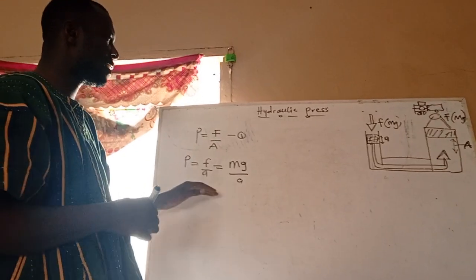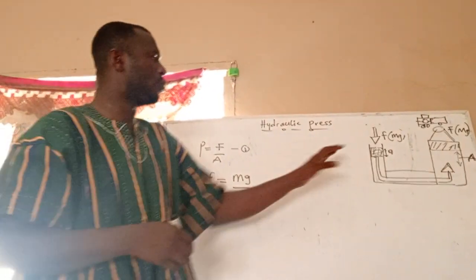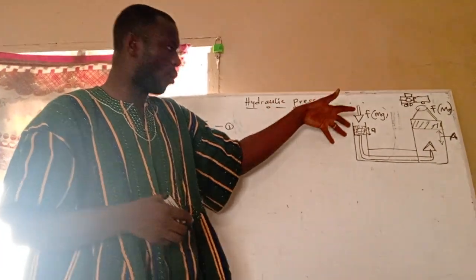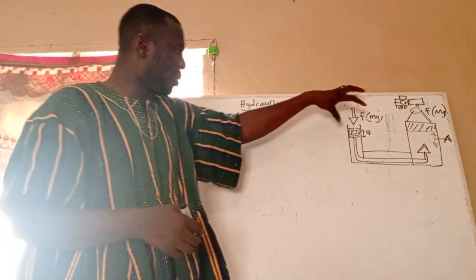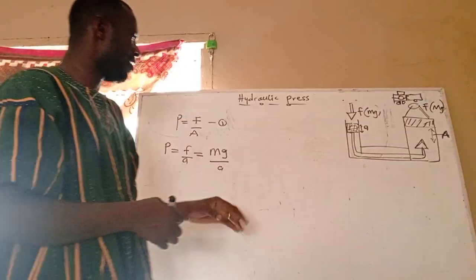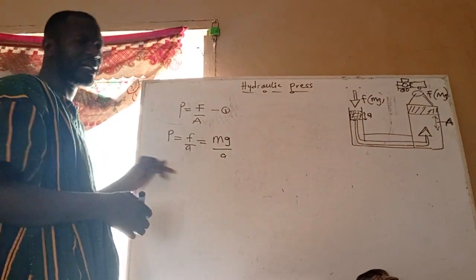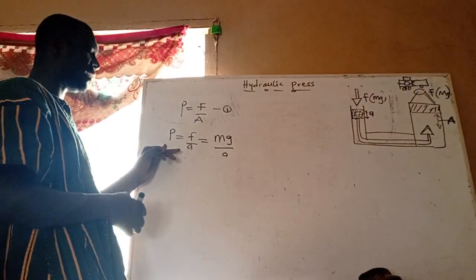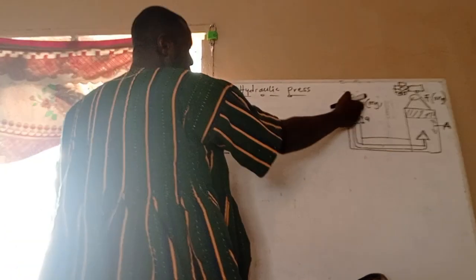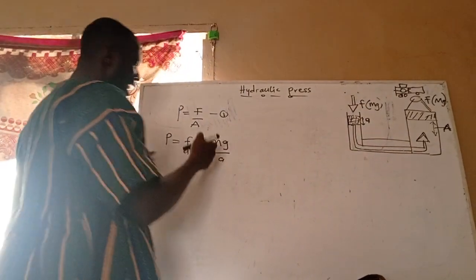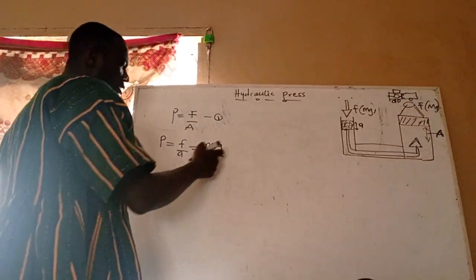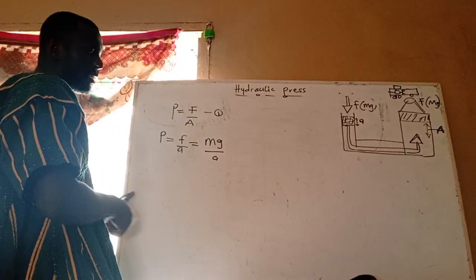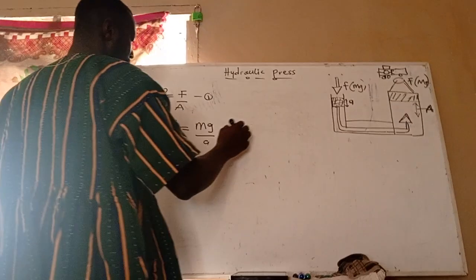So in case in the hydraulic press we want to calculate the force, the pressure, or the area within the first master cylinder, we can apply these formulas. Pressure is equal to force, which is the small force, the first force applied, against the area. And so f against a should be equal to mass and gravity against a, mg against a. So this is equation 2.